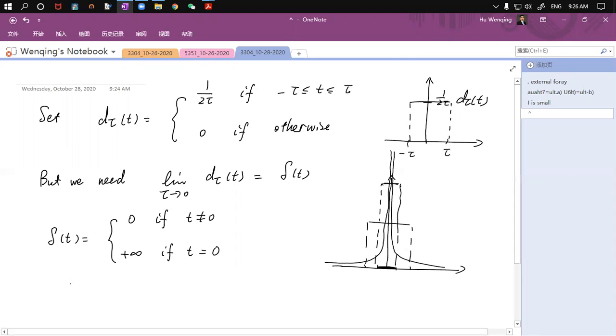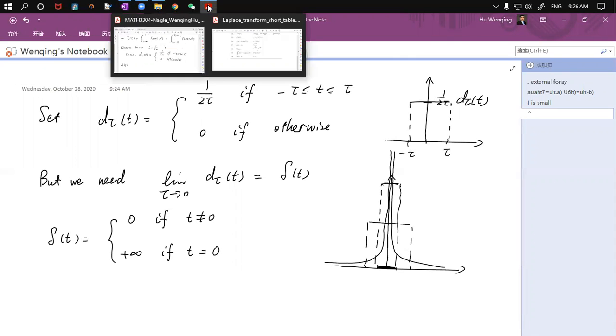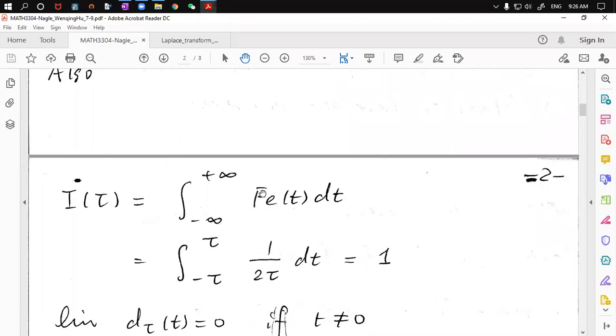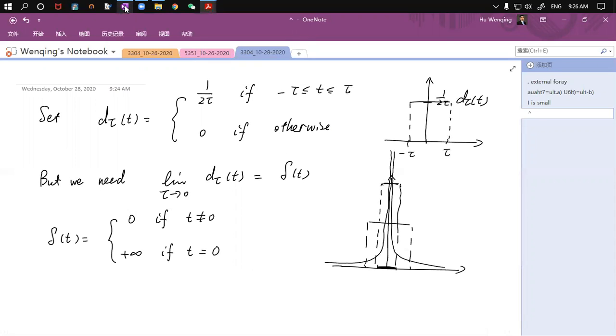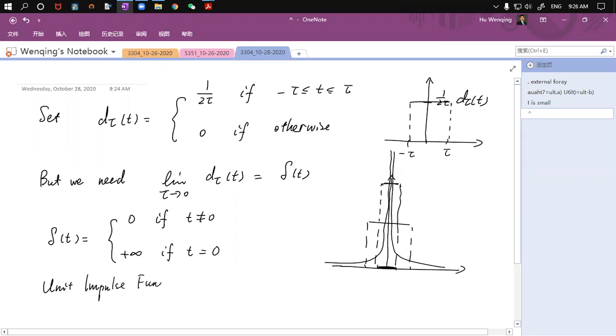So this is the function that we're going to name the so-called unit impulse function. This is what we call the unit impulse function. Sometimes it's also called Dirac's delta function.